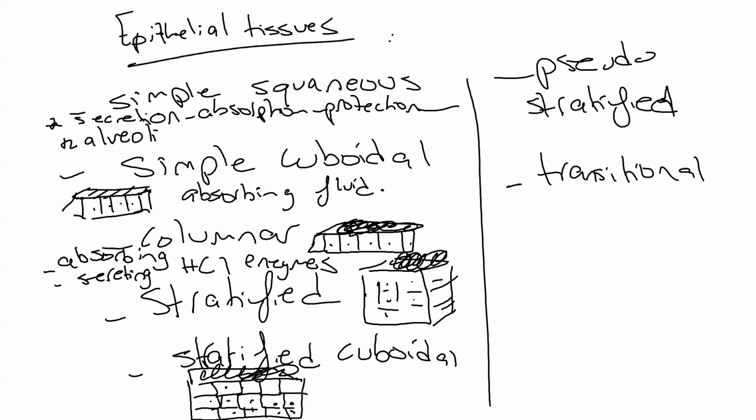It also helps in absorption. And then we have the pseudostratified, which is like this. Of course, more than one layer. And at the end, we have the transitional, which is one of the most complex epithelial tissues, which looks like this.